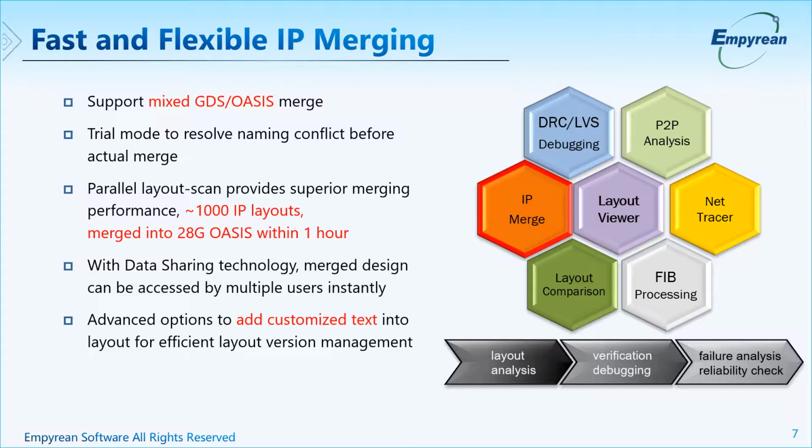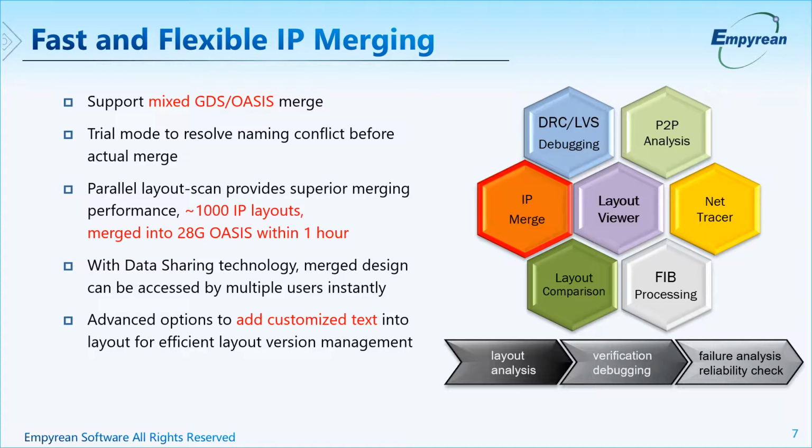The trial mode is very useful and efficient for initial naming conflict checking. Without actually merging a design, Skipper can scan for all subdesign names throughout the entire hierarchy and report naming conflicts.